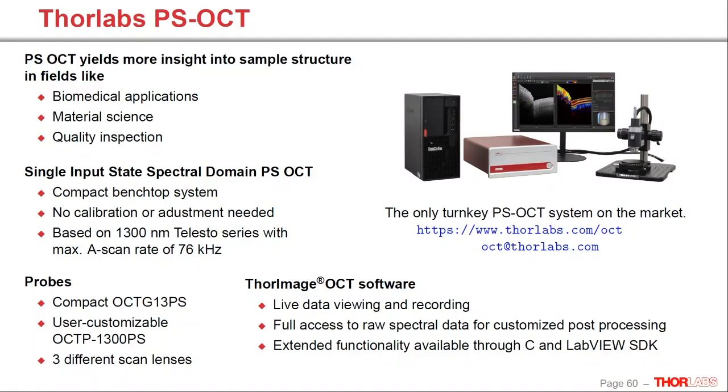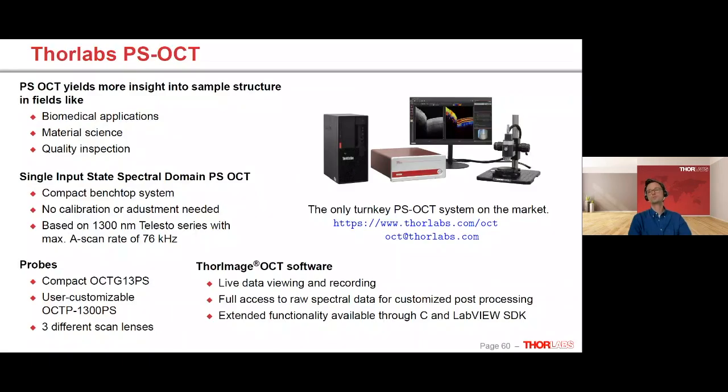So for the first part of your question, in terms of time, the well-known A-scan rate that's always connected with OCT systems, and that I mentioned of 76 kilohertz, is only one depth scan. So if your information is spread over a region in space and you need to really take a picture, you need to divide that by the width of your picture.